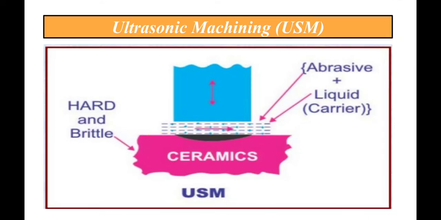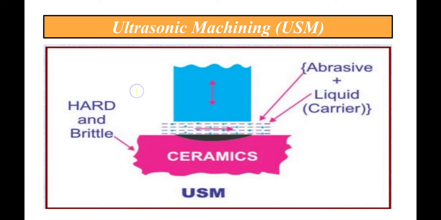Now let us see the working principle of some other advanced machining processes. There is another advanced machining process called ultrasonic machining. In ultrasonic machining, you have the tool which is vibrating at ultrasonic frequency, that means near or more than 20,000 hertz, which means 20,000 times per second.